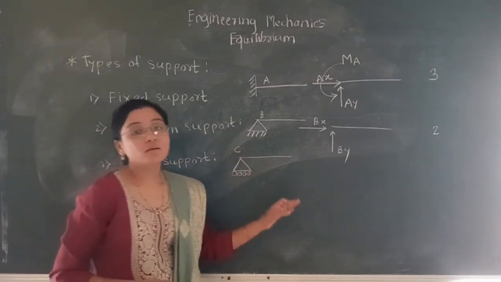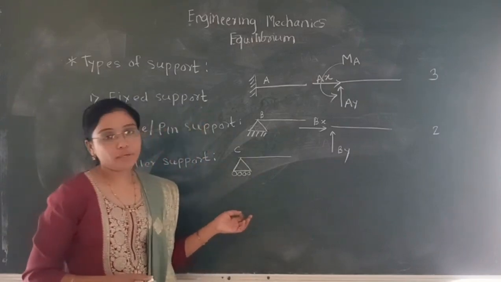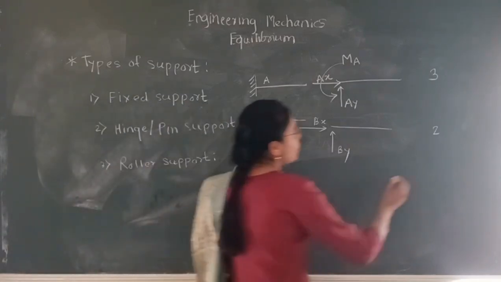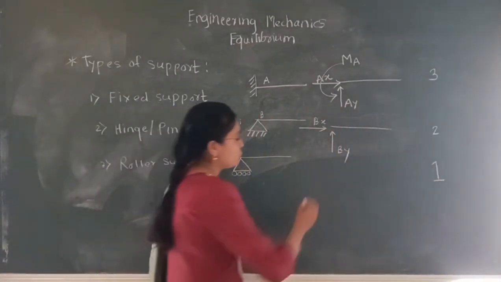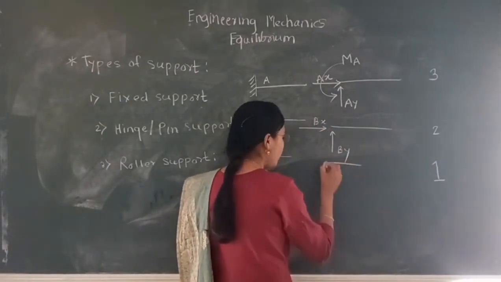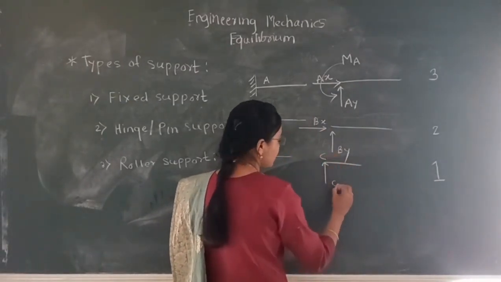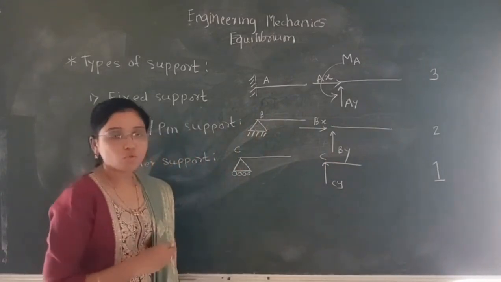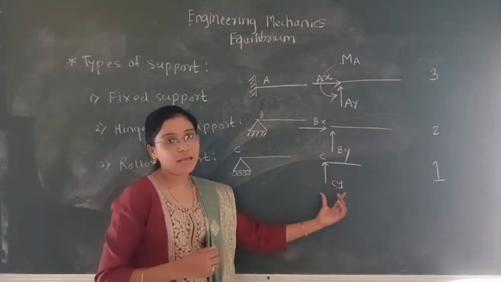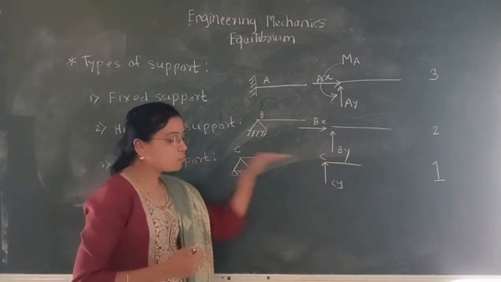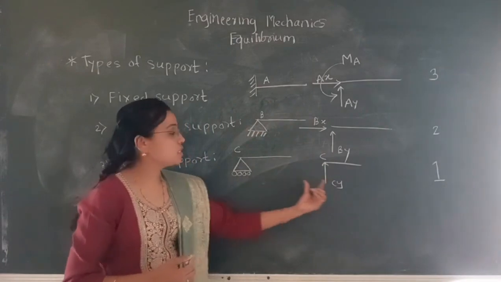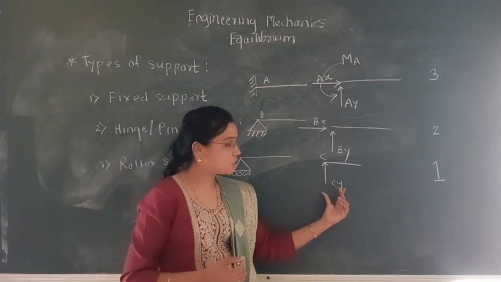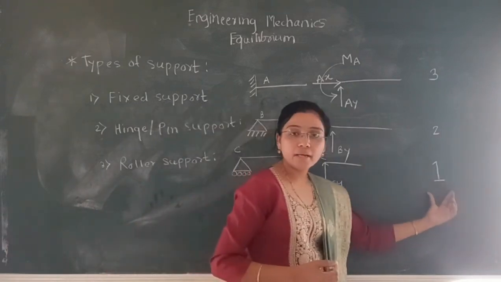So the number of reactions generated for roller support is 1, and that is only in the vertical direction, that is Cy. So the restriction is only in the vertical direction. It shows linear motion in the horizontal direction and rotation. So the number of reactions generated is 1.